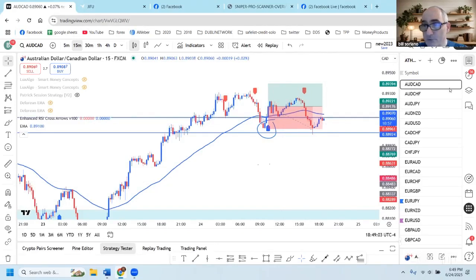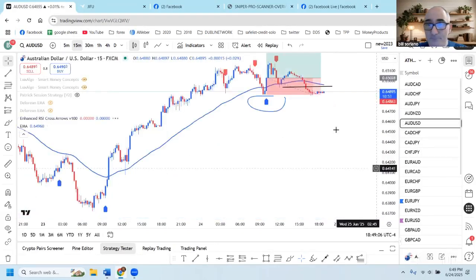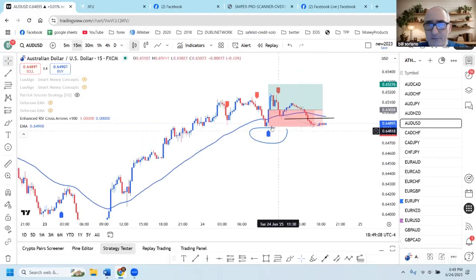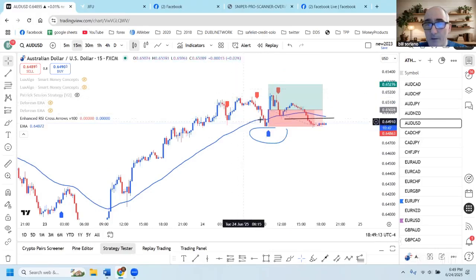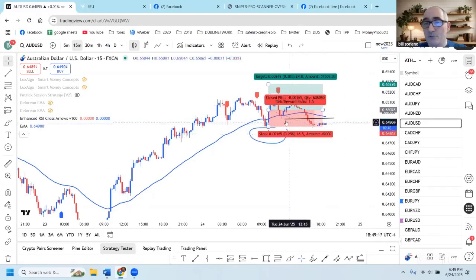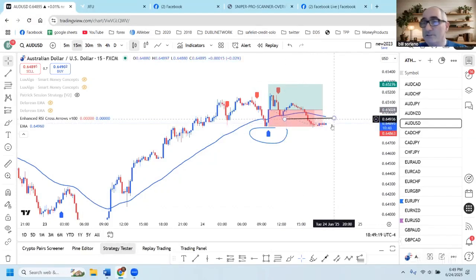Trade number 2 was AUD USD. Okay, this one was a little bit different. This one moved up, and on this candle here, you were actually up over 1%. Okay, and when that happens, you reduce your risk in half. So instead of having your stop loss at -1%, it's at -0.5%, right? Because you're risking 1% per trade.